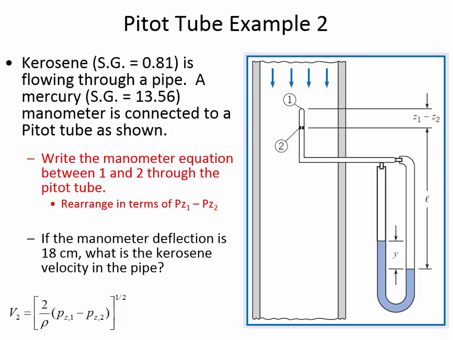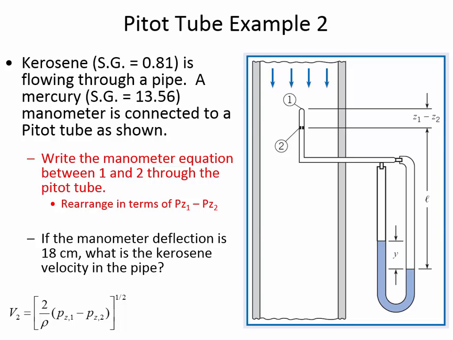All right, so we're going to start at 1, where you do this sort of thing, P1 plus, and then we're going to go down some distance. The distance we're going to go down is Z1 minus Z2, multiplied by the unit weight of kerosene, so gamma kerosene.